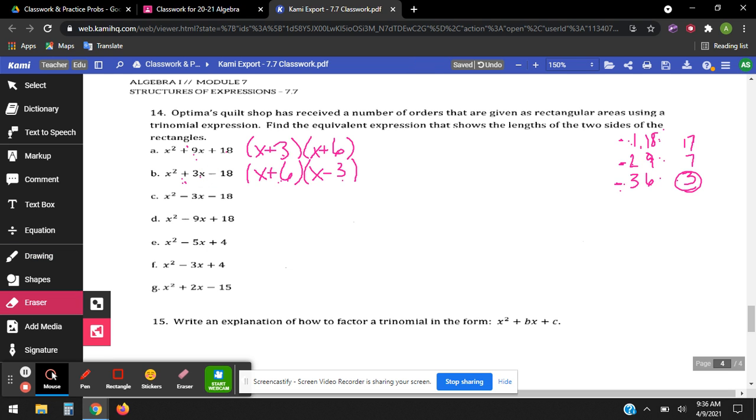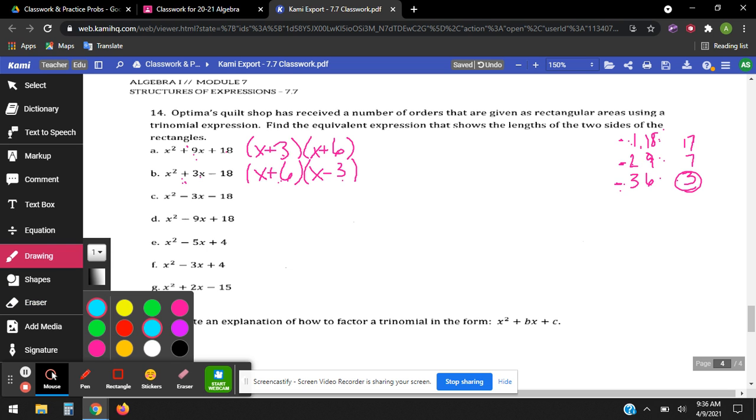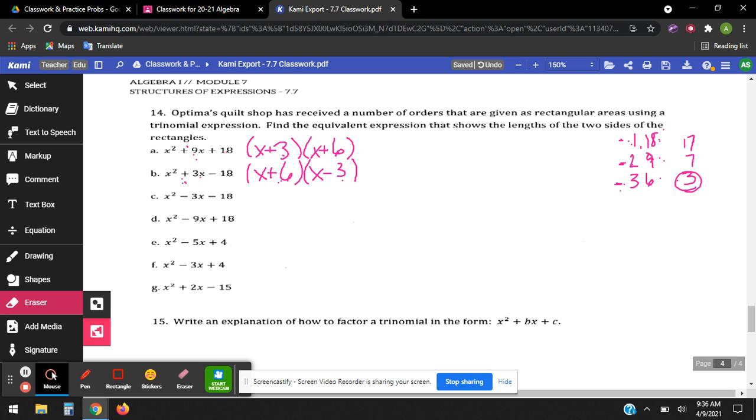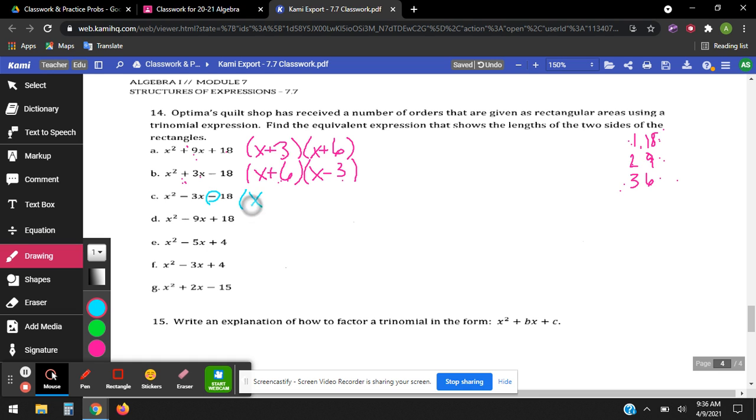All right, next one. I'm going to use a different color so that we can kind of keep these straight here. So now I have a negative again. So I know I'm going to have an x plus and an x minus. And this time it's a -3.